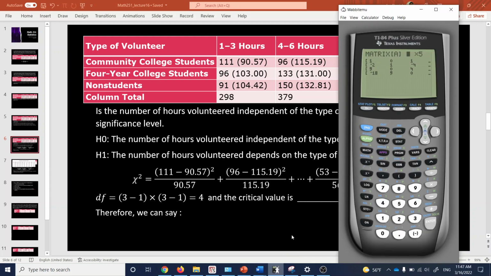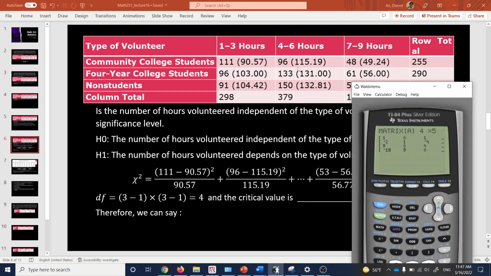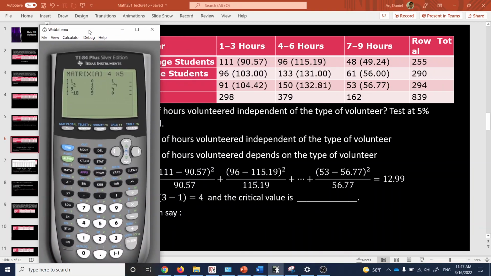So now this data is 3 rows and 3 columns, excluding the totals. So if you exclude the total row and total column, it's 3 by 3. So I'm going to put 3 here and 3 there.